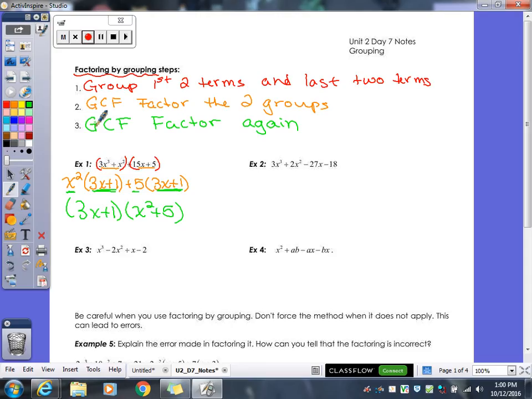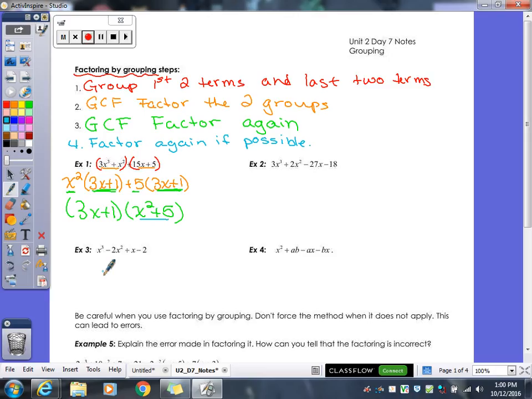So really, there should be like a fourth step here: factor again if possible. But looking at my 2 sets of parentheses there, 3x plus 1, I can't factor anything out of there. There's no GCF. There's no square term, so there's not a trinomial. This looks very much like difference of squares, but it's not. Why?